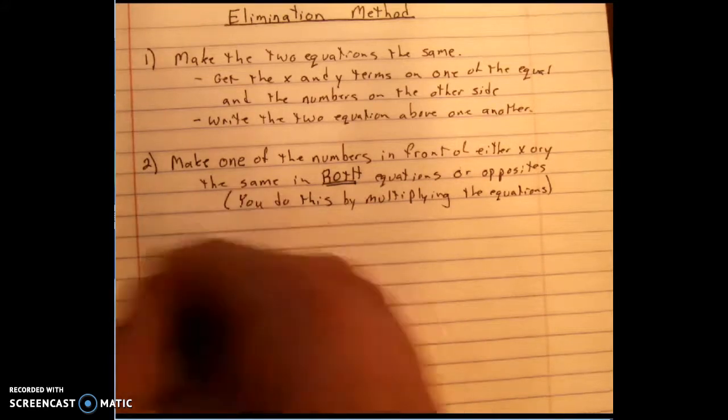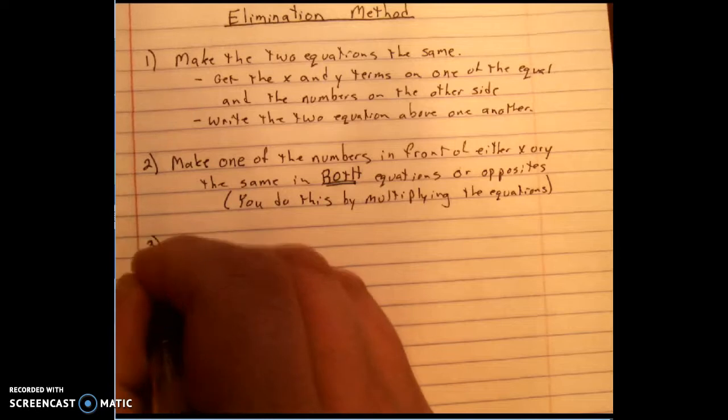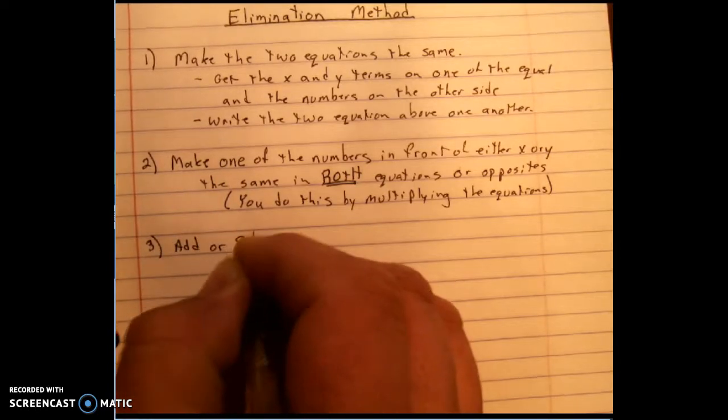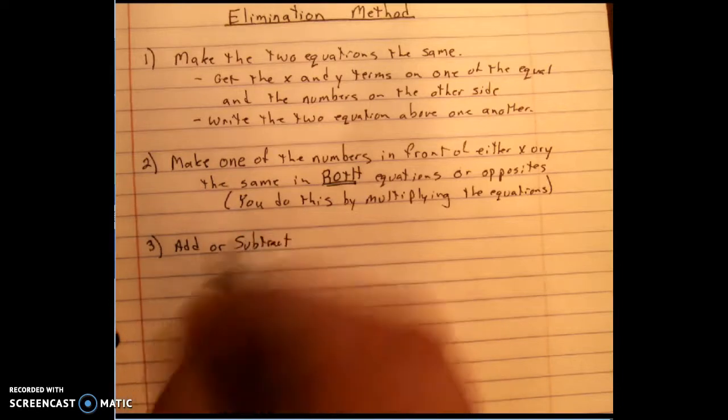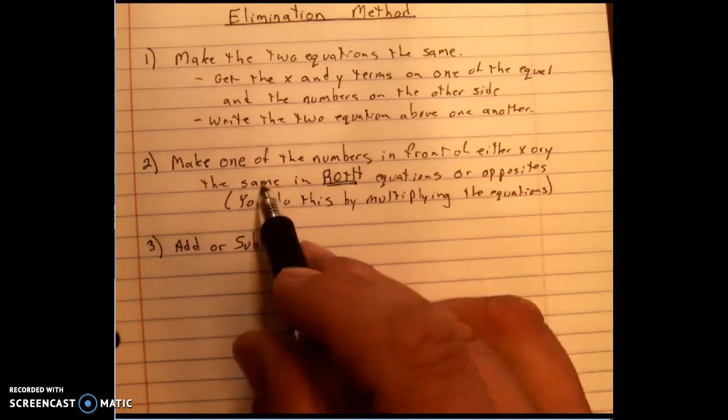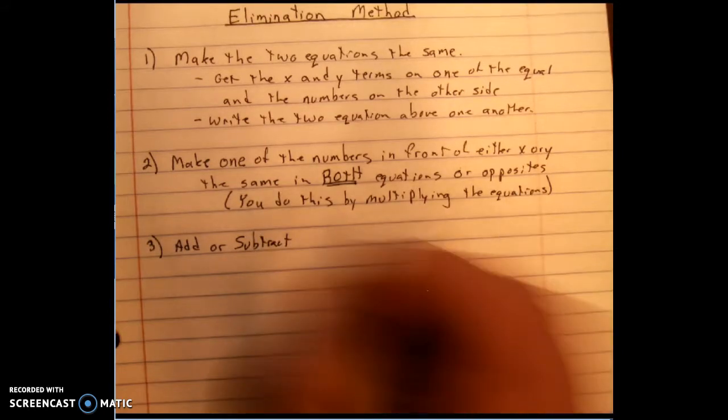When you have that done, step 3 is to add or subtract. And it depends if you add or subtract, depending on whether you made the numbers the same or you made them opposites.